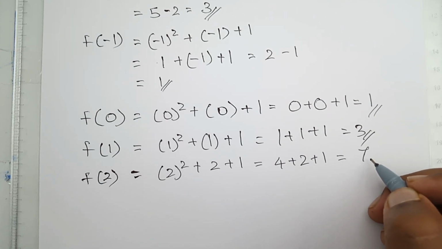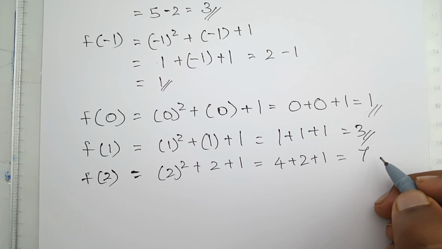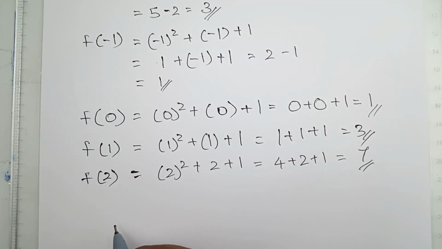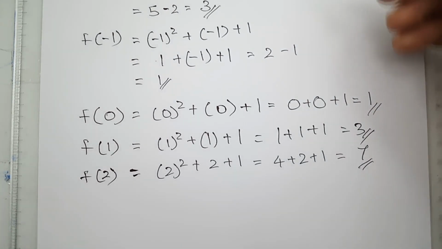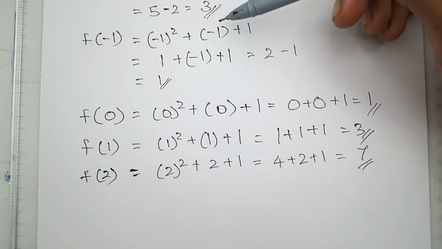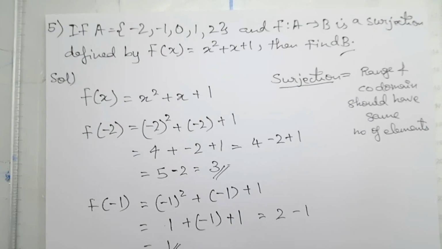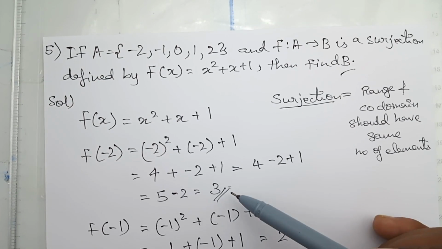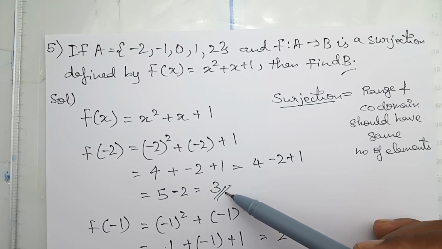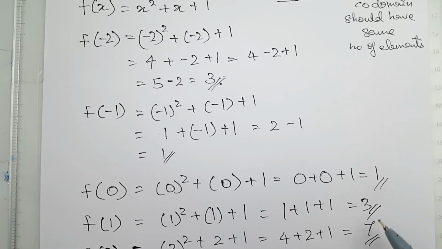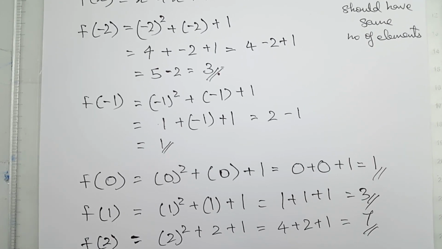Okay, this is the answer for f of 2. Now from here, these answers 3, 1, again 1, 3, and 7 are the set B, that is codomain.